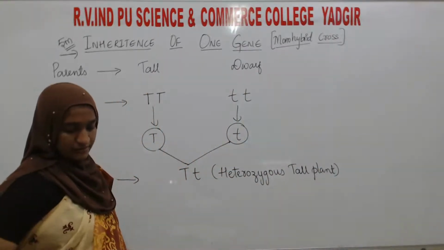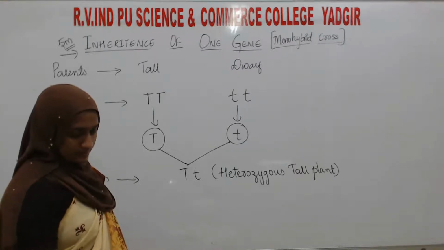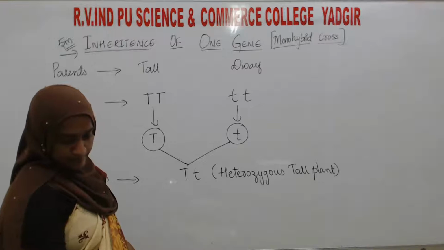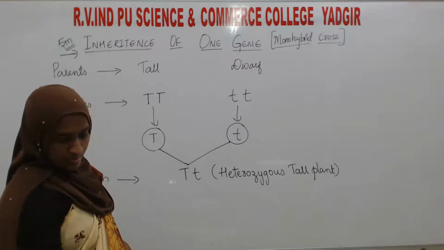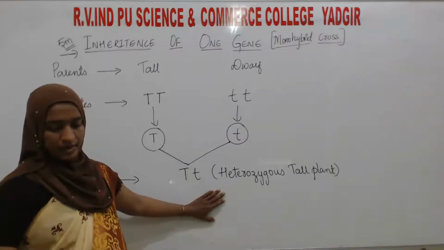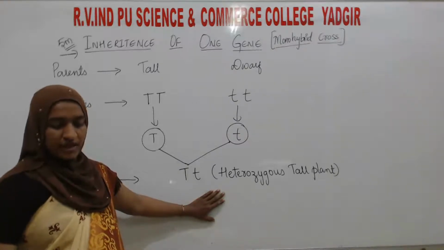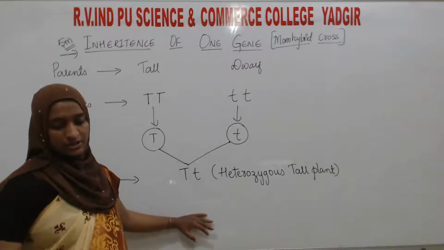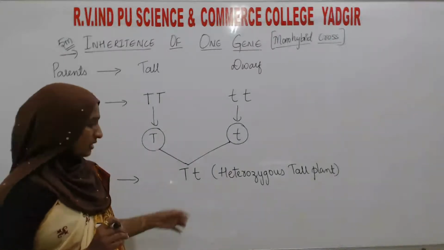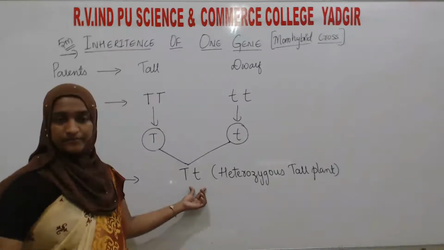Next, you see, we get the heterozygous tall plant. After that, we have to inbreed the F1 generation. Inbreeding the F1 generation means we have to cross it with the same plant.